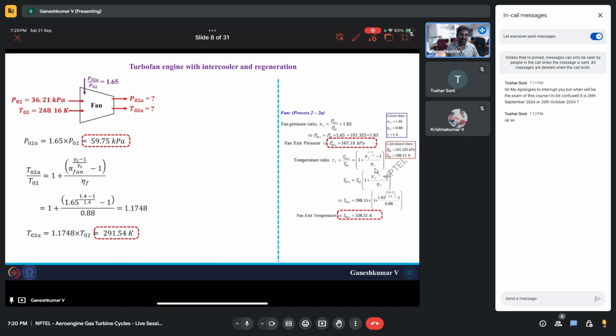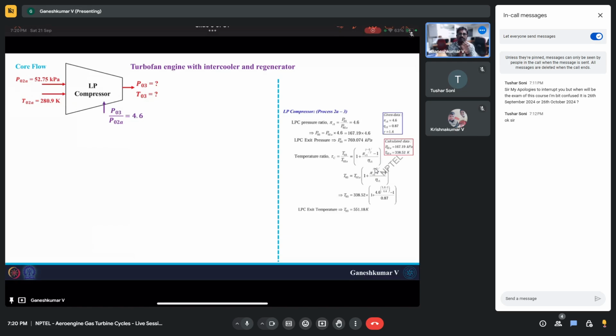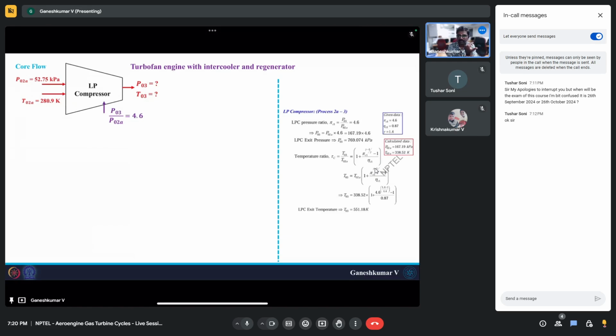All right. So this is the component fan, and then after fan we have the low pressure compressor. In the low pressure compressor, again we know the pressure ratio. So from the pressure ratio we can find the pressure at the exit of the low pressure compressor, and based on the isentropic efficiency of the compressor, we can find the temperature at the exit. The pressure at the exit of the low pressure compressor comes out to be around 242.65 kilopascal.